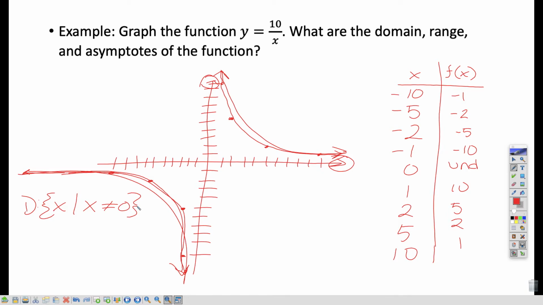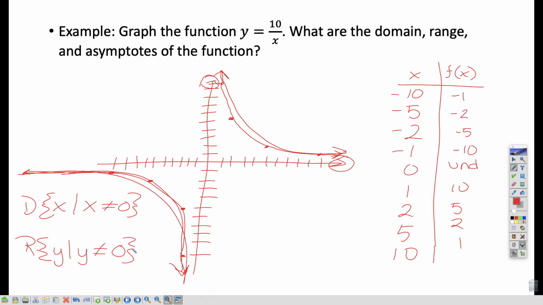Okay. What is my range? y such that y does not equal 0. Now, what would have to change to move that? Up or down? What variable would move it left or right? h. What variable would move it up or down? k. The same as before.